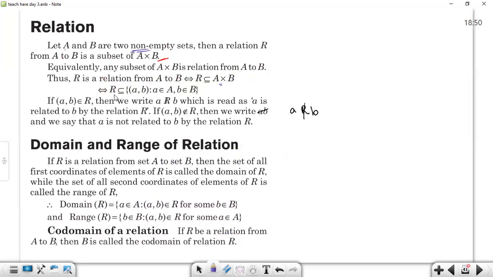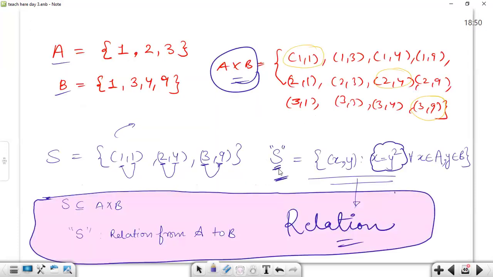Now, relation is not equal to the Cartesian product. Relation is the subset of the Cartesian product. Here we have written the relation, which is represented by letter S. This is the particular set of the relation. How is it different from A cross B? Because there is a relation.